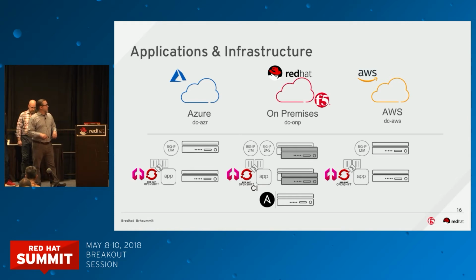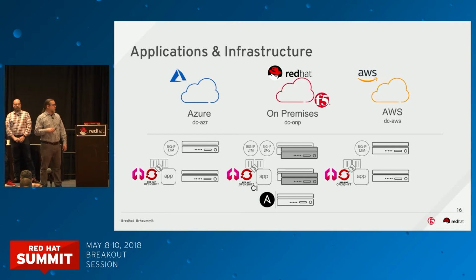And then, of course, we have an Ansible Tower server sitting inside the on-premises location. And to keep it all running, sitting in OpenShift, as he's mentioned, we have the container connector that's watching the control plane and giving us information into the BIG-IP about what's going on inside the applications that we have deployed.